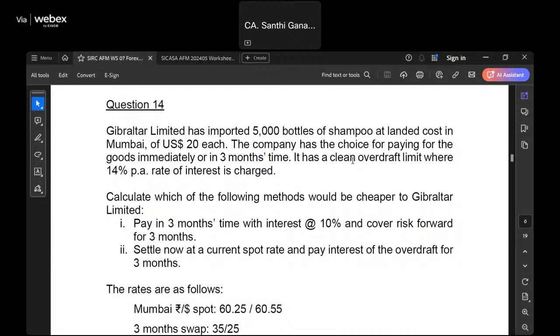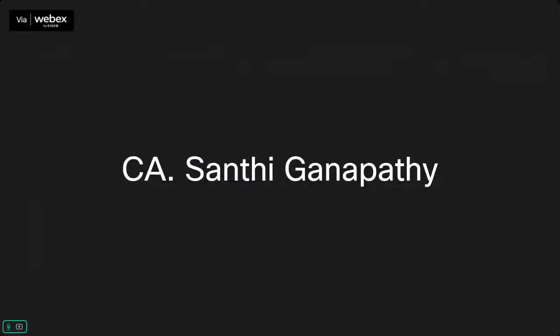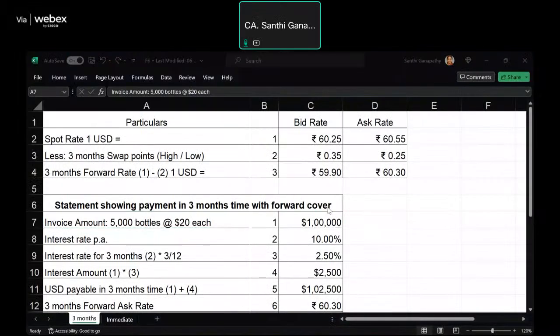As we have seen, they can actually pay immediately or in 3 months' time. If they pay immediately, of course, they are going to use the overdraft limit. So now, what do we do? What rate we have? Swap points are high-low. What have we already seen?